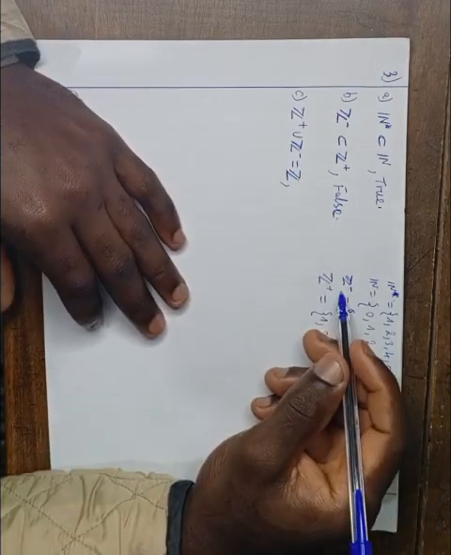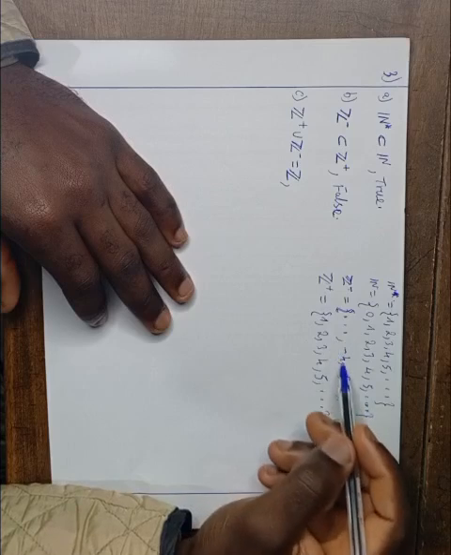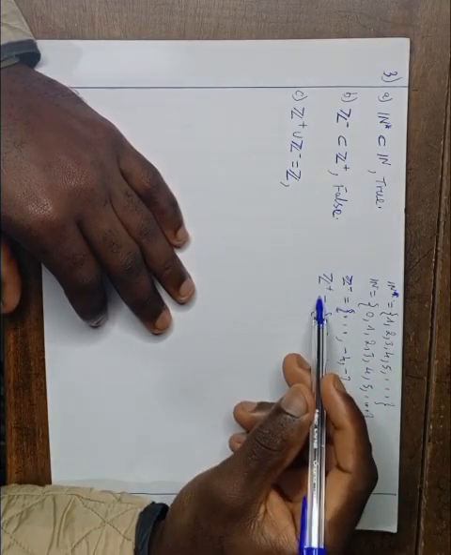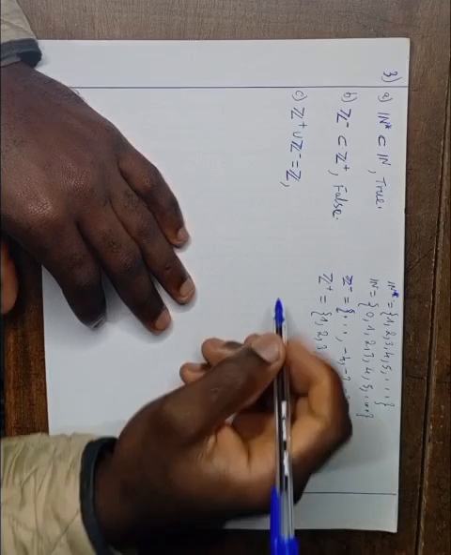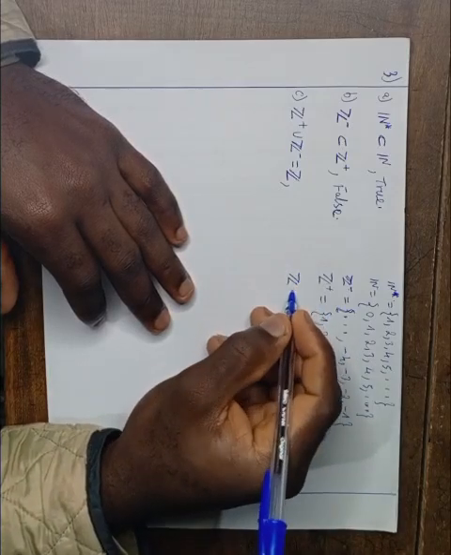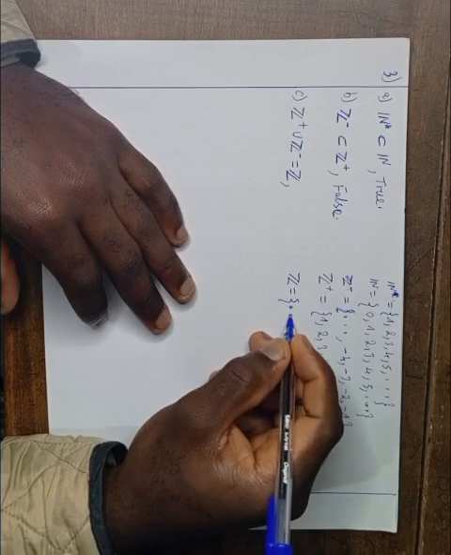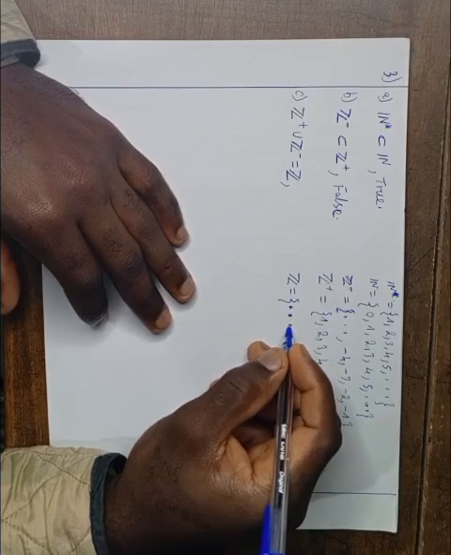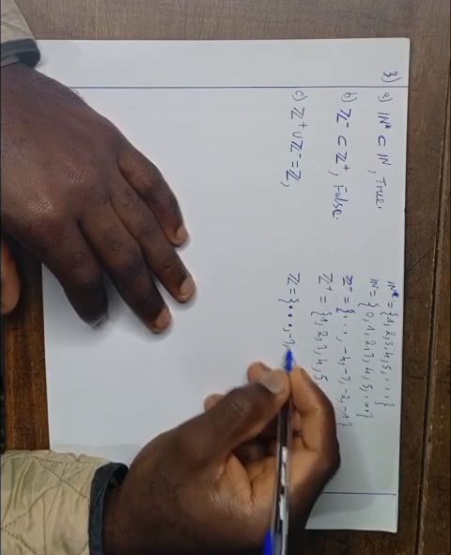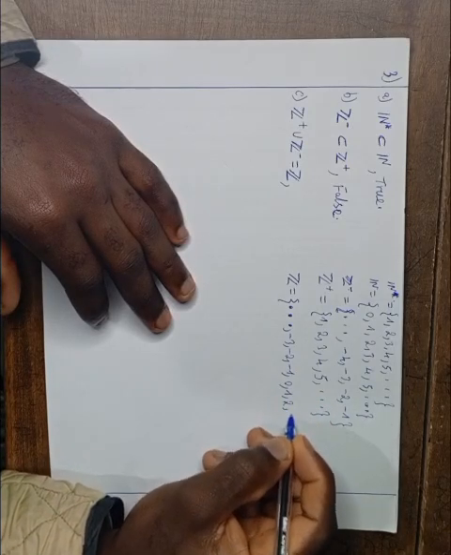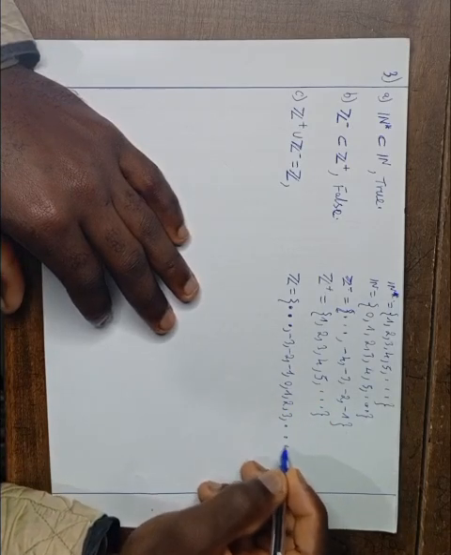Okay, Z minus has elements, negative whole numbers. Z plus has elements, positive whole numbers. Then we know the set Z has elements, negative whole numbers and positive whole numbers, including 0, 3 dots.